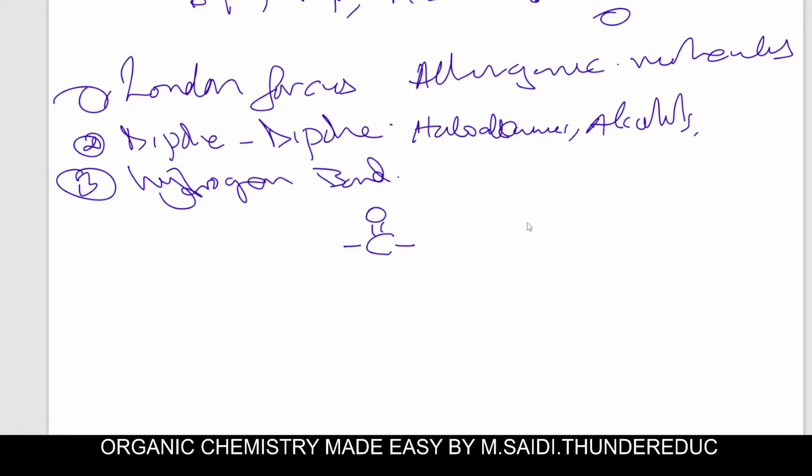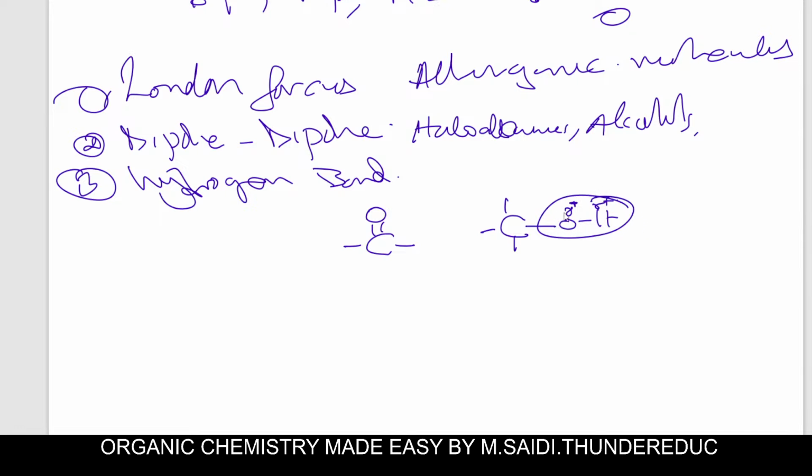But let me talk about alcohol. It has this, so this versus that. This pulls towards itself, so you see that here it is negative, and this is partially positive.